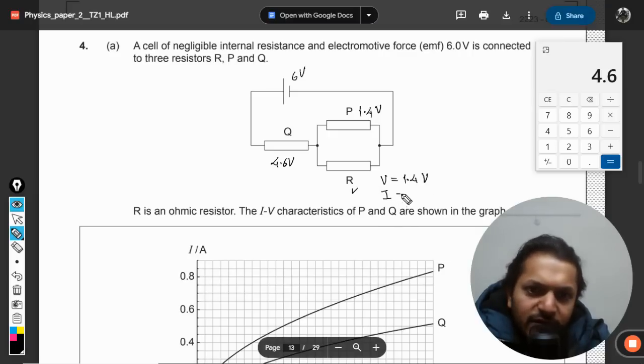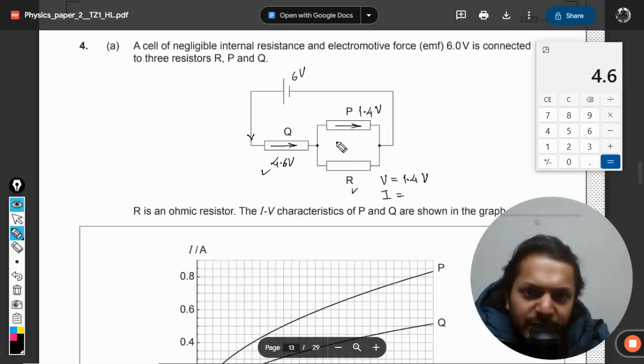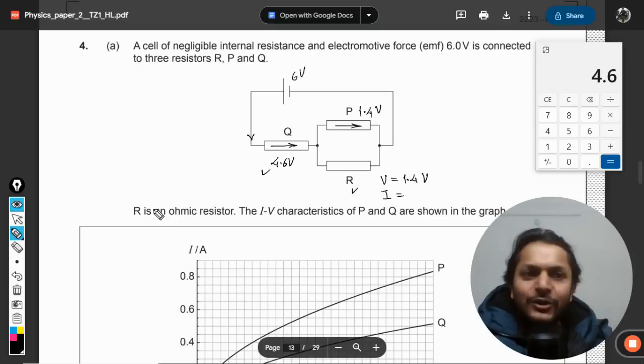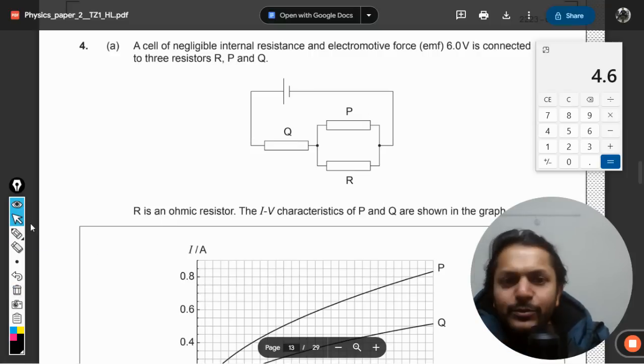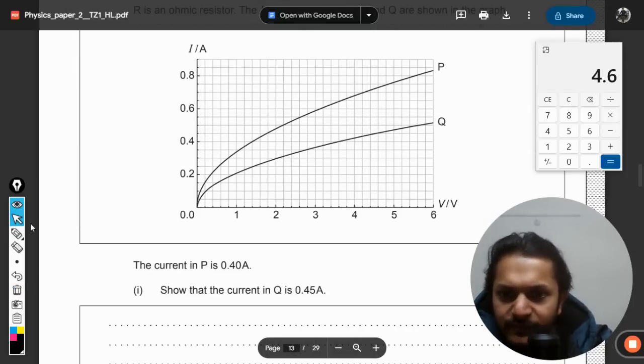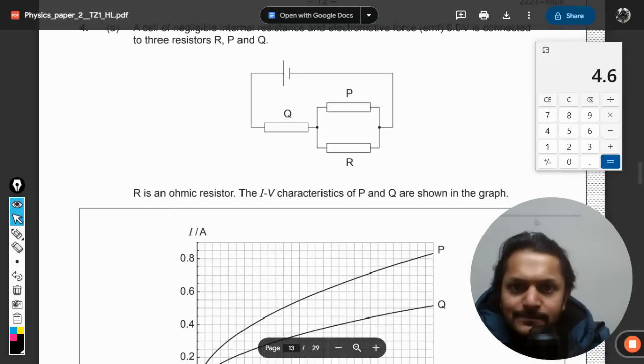The current we can find, like the total current passing through Q is 0.45. And the current in P, what was the current? We found that current. This is the problem with the paper 2 questions, every other time we have to see the current in P is 0.4.